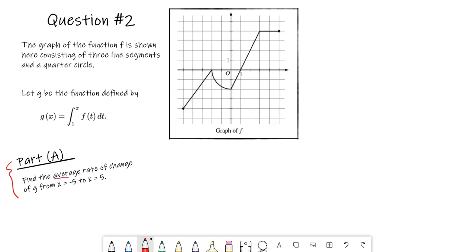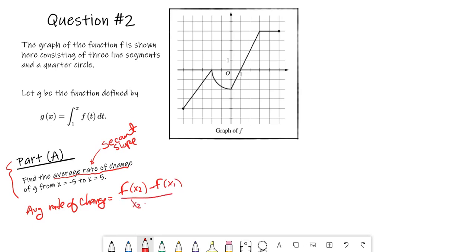And average rate of change, we want to recall that that is secant slope. The average rate of change is f of x2 minus f of x1 over x2 minus x1.